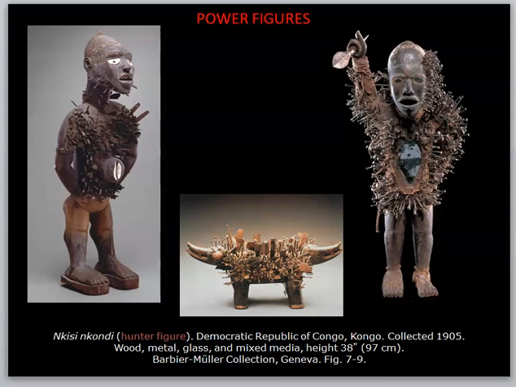These objects, and O'Reilly's is on the right in our textbook, figure 7-9, come from the region of Central Africa, from Congo, which in the 13th century had a fairly large and impressive kingdom made up of many groups of people.